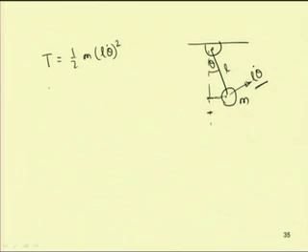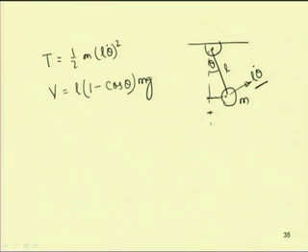So the potential energy V can be written as L minus L cos theta, or L into 1 minus cos theta, into mg. This is the change in position into mass and acceleration due to gravity. So potential energy equals mgL into 1 minus cos theta.